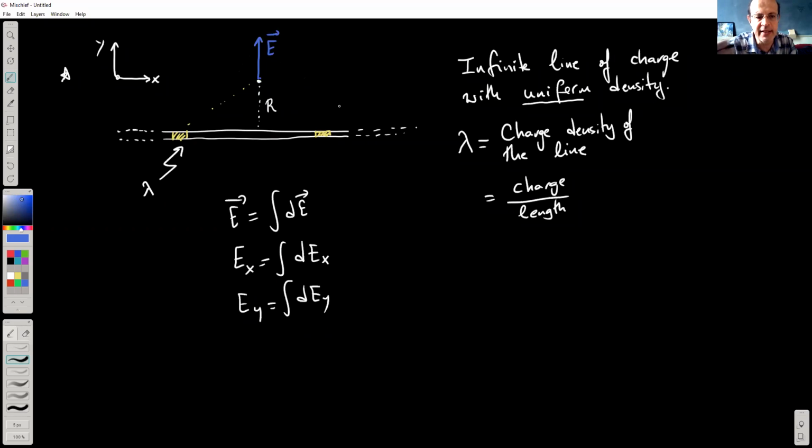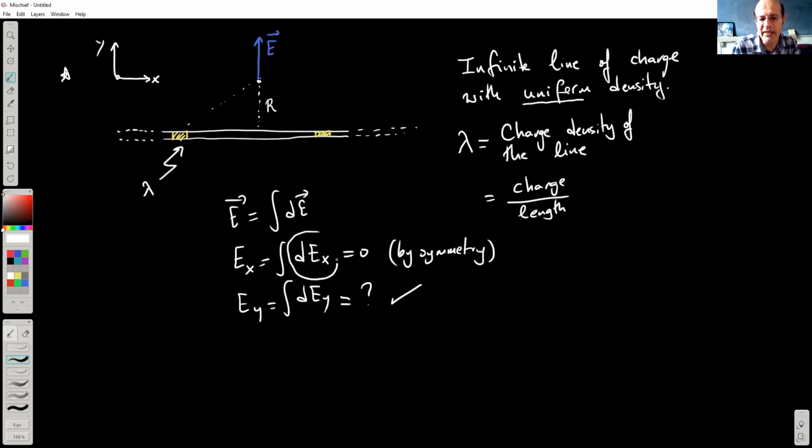So that's not the thing that we are talking about. But what I'm saying is that the y component of the electric field in here is the one that we need to compute. But the x component of the electric field is equal to 0 by symmetry. Right? Because of the symmetry, even though all of these are non-zero, we know somehow that the integral is 0. So we don't need to compute this.